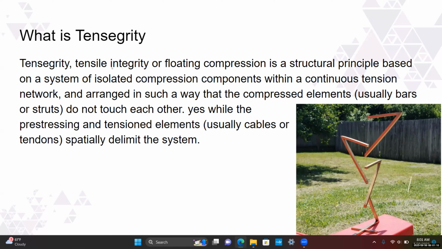Tensegrity, or tensile integrity or floating compression, is a structural principle based on a system of isolated compression components within a continuous tension network, arranged in such a way that the compressed elements, usually bars or struts, do not touch each other, while the pre-stressing and tension elements use cables or tendons. Here's an example of that.